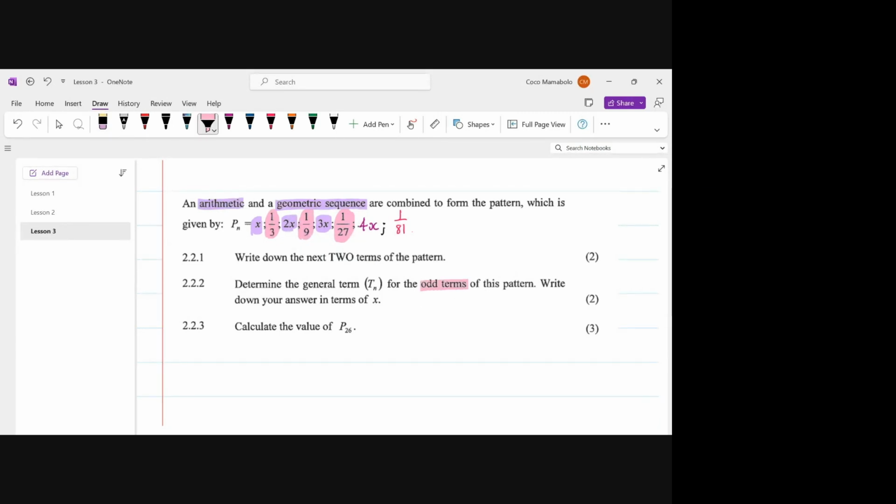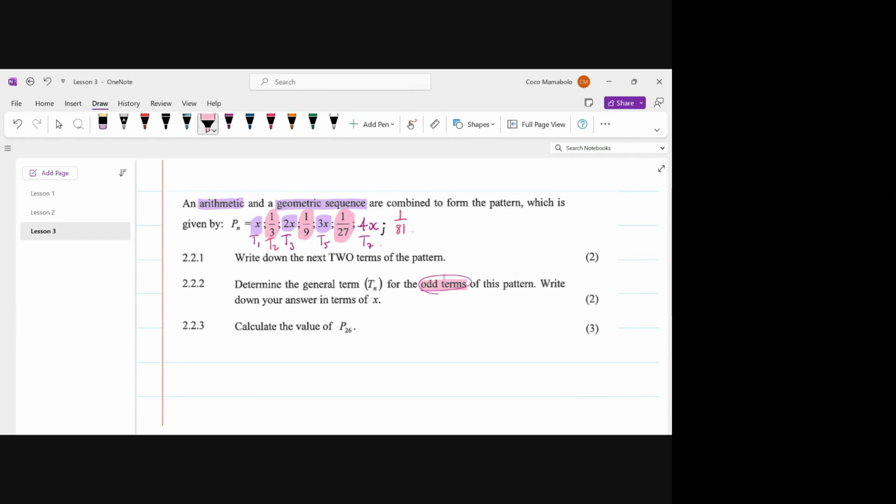So the odd terms. If we look at the odd terms, this x is my t1, 1/3 is t2, that is t3, not t3, t4, t5, t6, t7. So when they say determine the general term for the odd terms, they want us to find the general term for the arithmetic sequence.